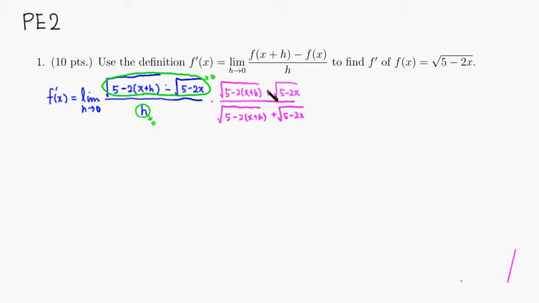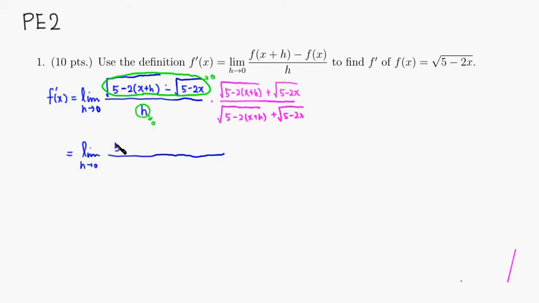Then if you multiply out, you can use the a minus b times a plus b rule. So we have the limit as h approaches 0, and the numerator becomes a squared. In this case this term is squared, so the square root is gone.